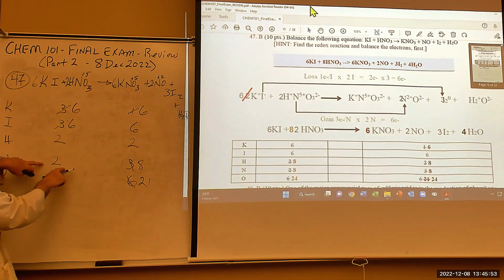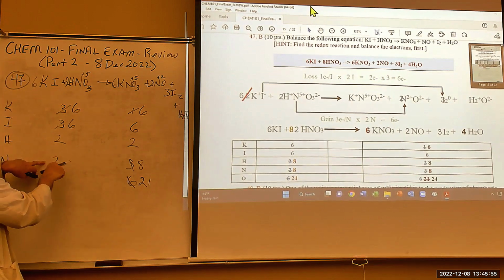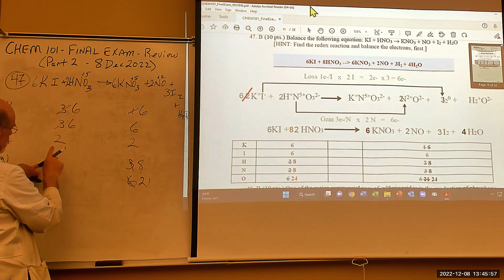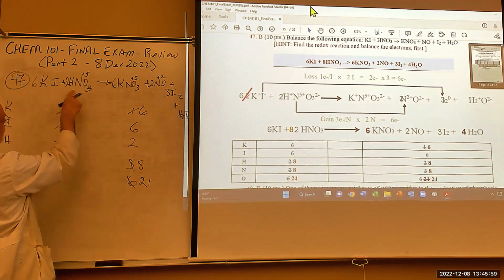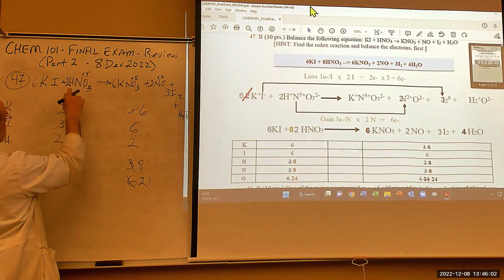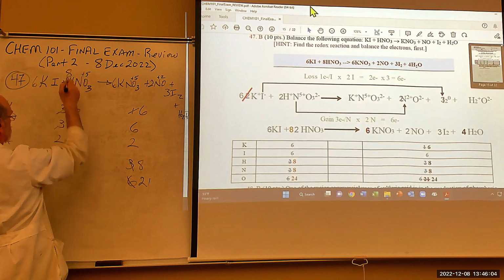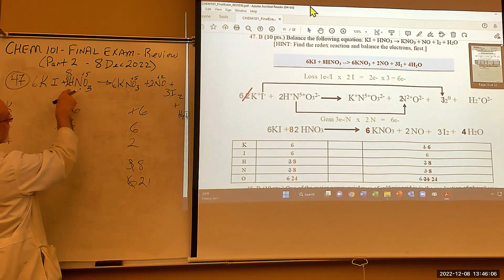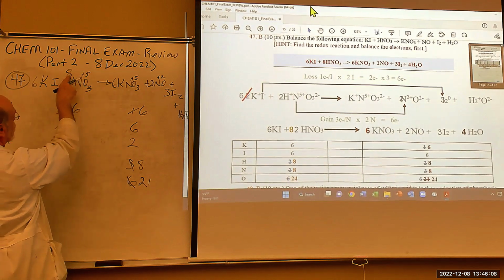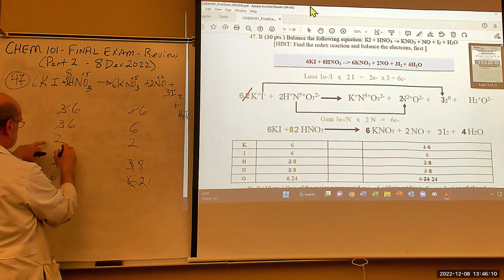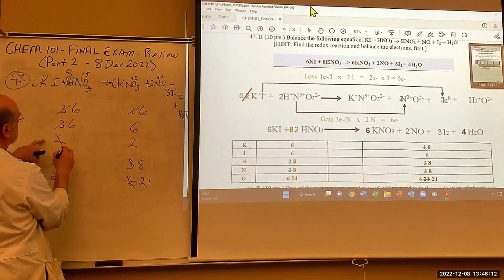What if we fix the nitrogens on this side? So if we say we need 8 nitrogens over here, right, so we need to change that to 8. That gives us also 8 hydrogens. Right?